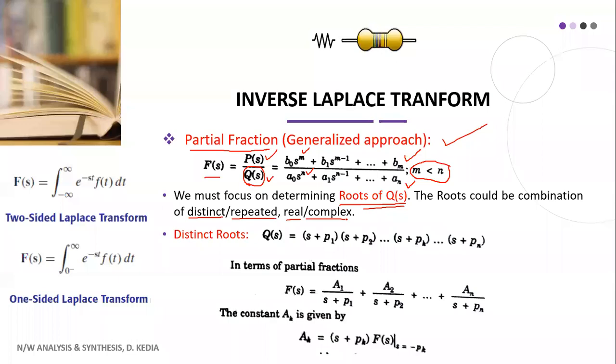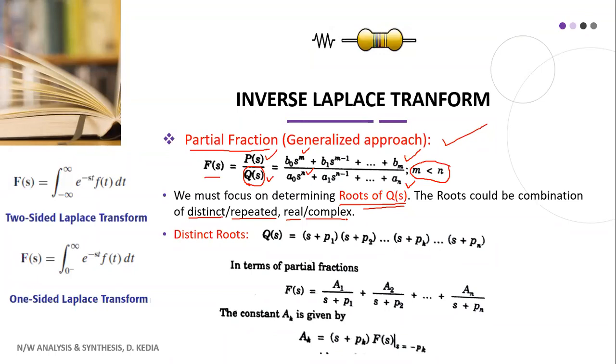So you may have different kinds of poles, and depending on the roots that you find, the corresponding technique of partial fraction will apply.